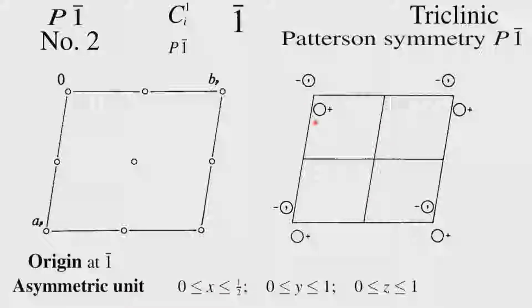If we now look at the number of molecules in the unit cell, there are 2 in the unit cell. This represents the unit cell, and this part represents the so-called asymmetric unit, whose dimensions are given below.